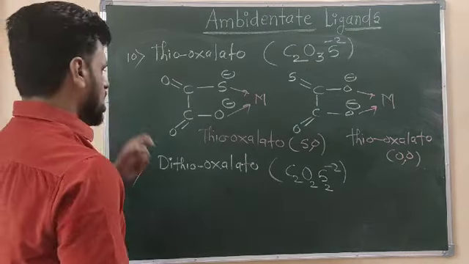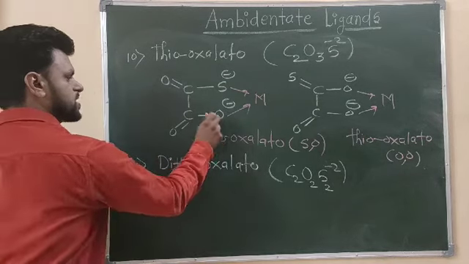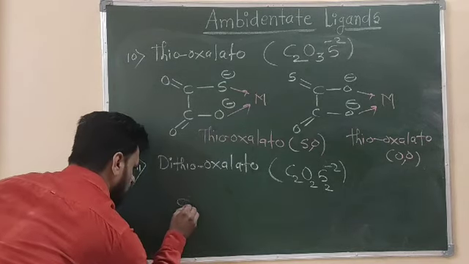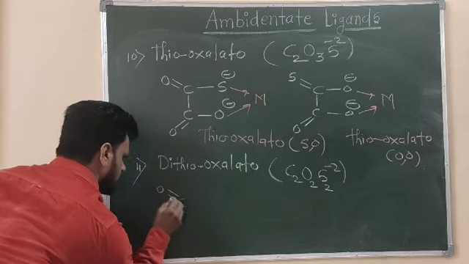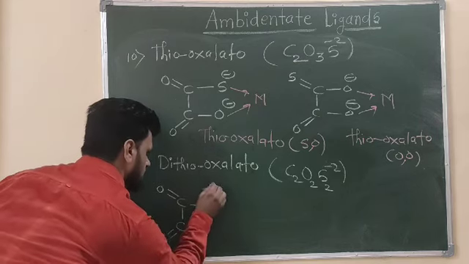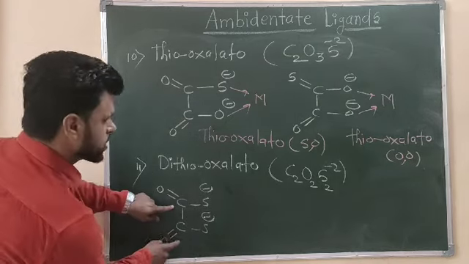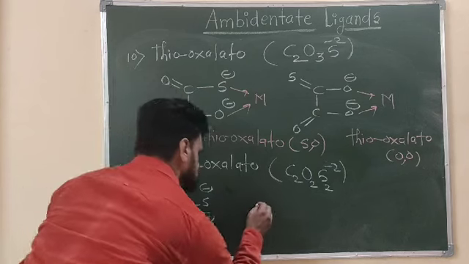That means in this ligand again I replace one oxygen with sulfur. If you look at the structure very carefully, C double bond O and S minus and S minus, right? So C2O2S2.